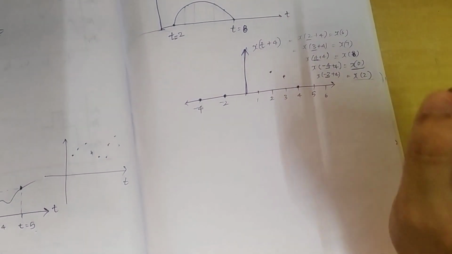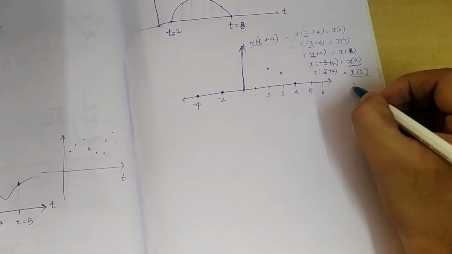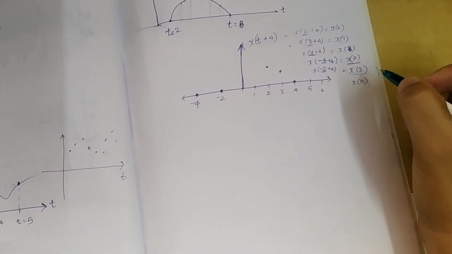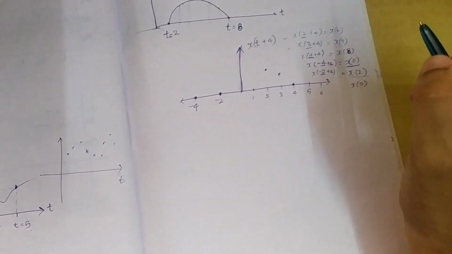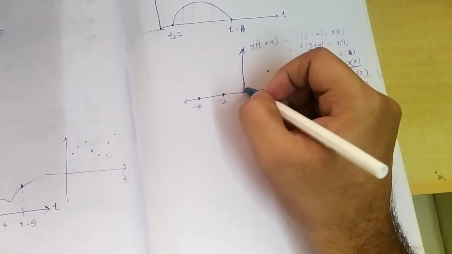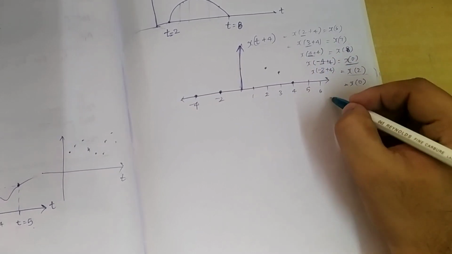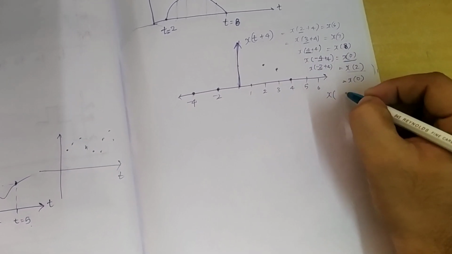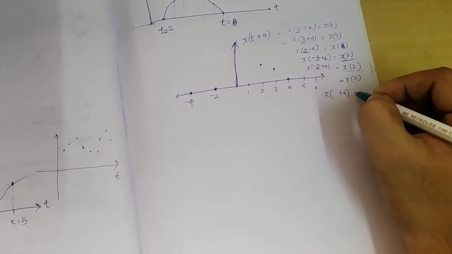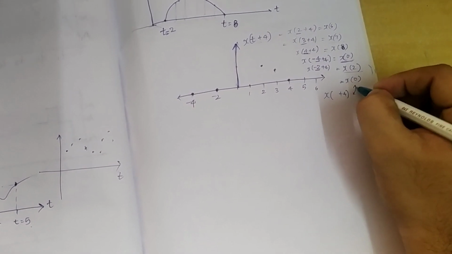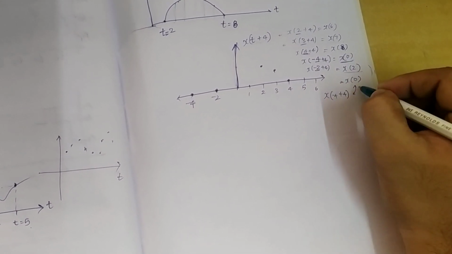Suppose it has to be 0 here, I want x of 0 here. That is, I need to know what is the value here in this axis. Okay, so what will we do? We have x of some value I have to put, plus 4 is here, which would ultimately end in x of minus 4.